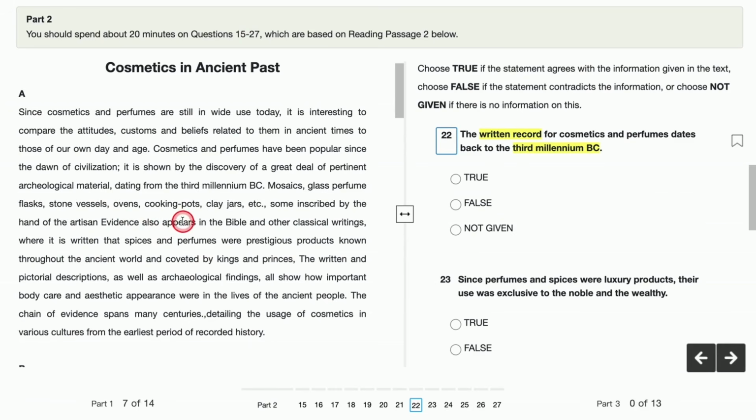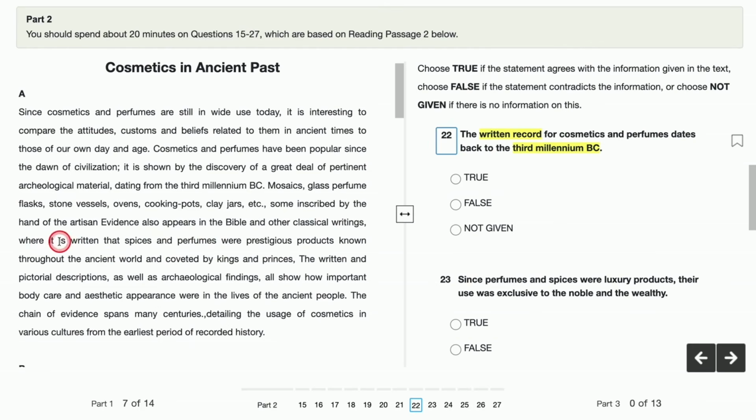Evidence also appears in the Bible and other classical writings, where it is written that spices and perfumes. Yes, I think this is about written record for cosmetics and perfumes. But does this written record date back to 3rd BC?